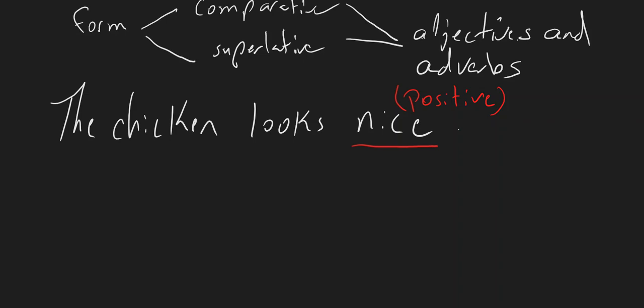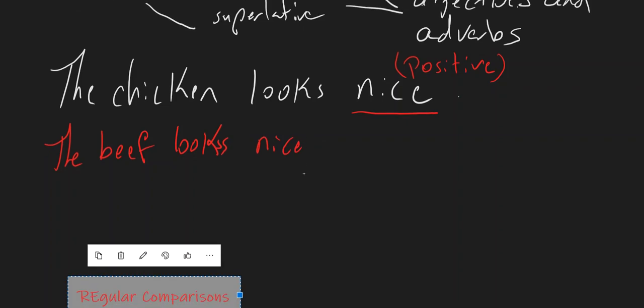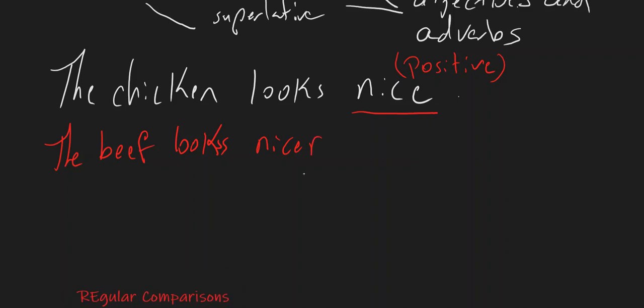So then you move on and look at the menu again and say, all right, the beef looks nicer than the chicken. Okay.